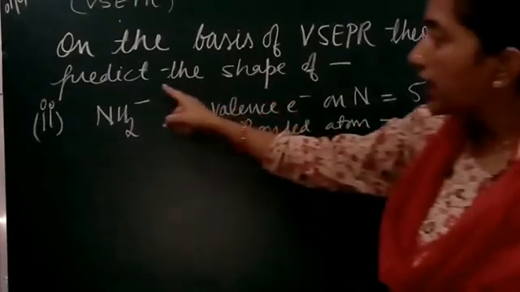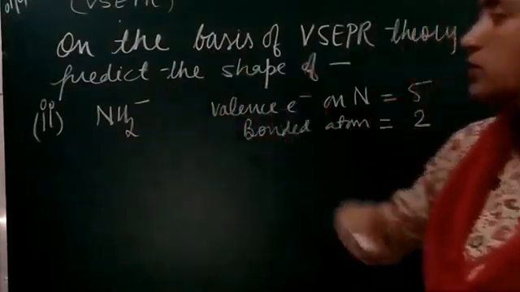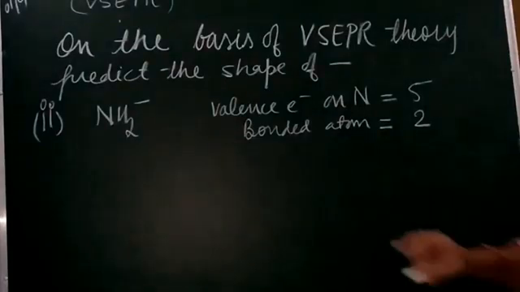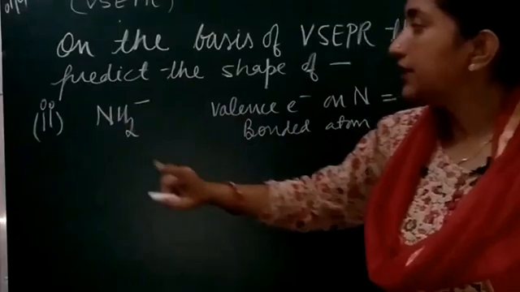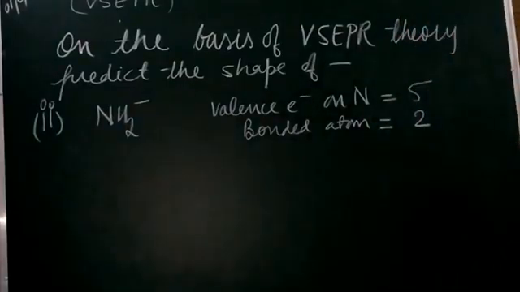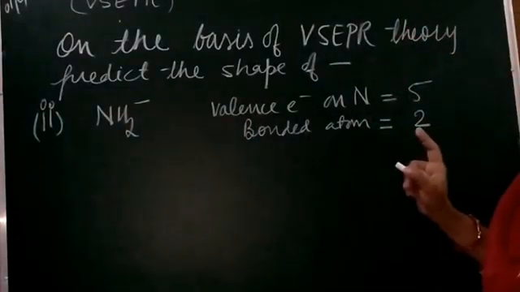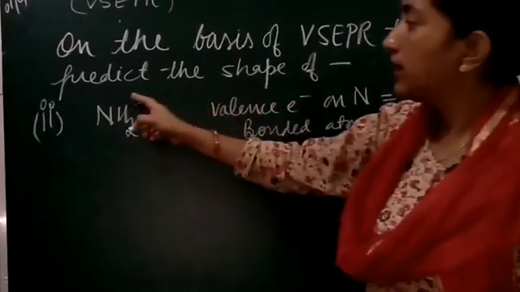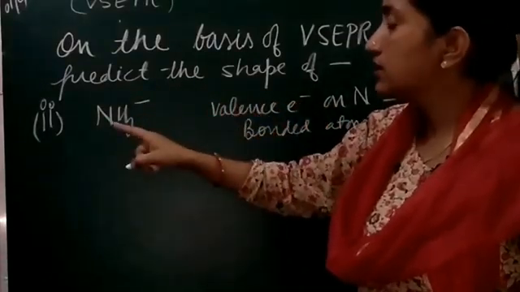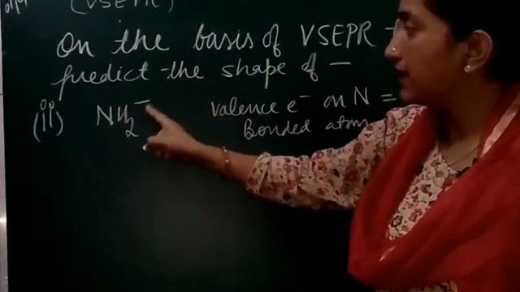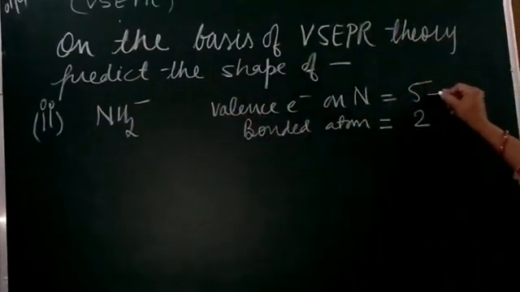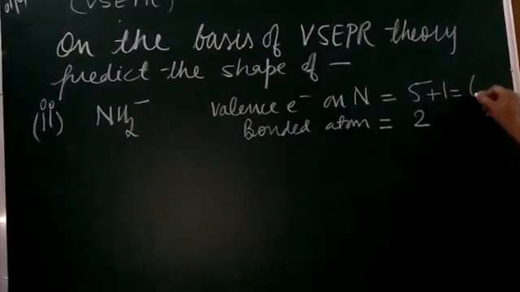Now students, this molecule is not a neutral species, it is negatively charged. So we have to deal with this minus charge also. If you remember when we were drawing Lewis structures, the charge is 1 electron, so it will be added to the valence electrons if it is minus, and if it is plus, it will be removed. Here it is minus, so it is to be added to the valence electrons. So we will have how much now? It is 6.